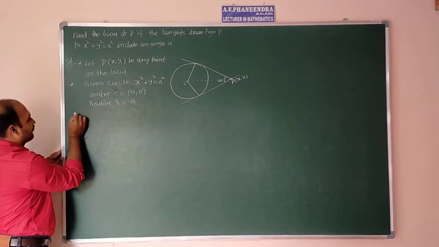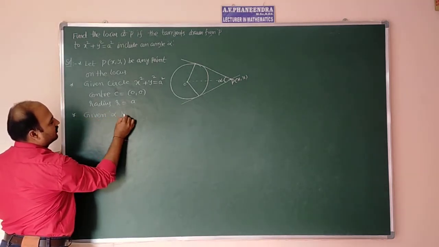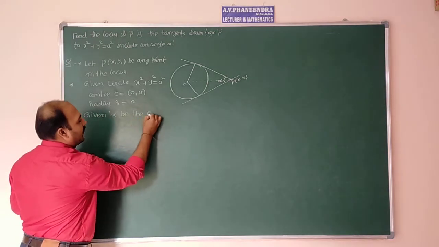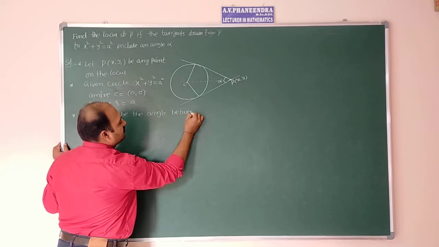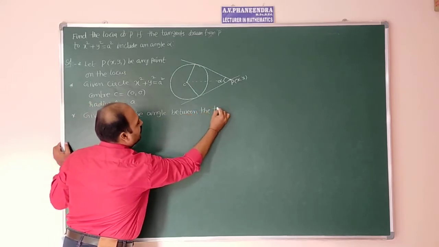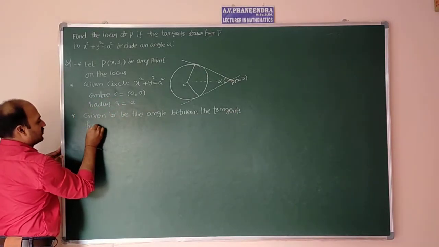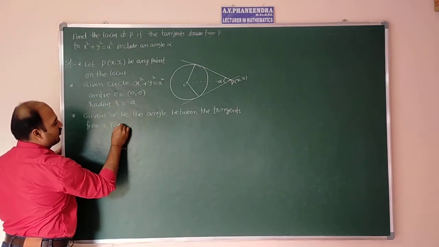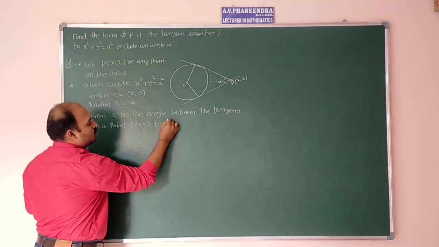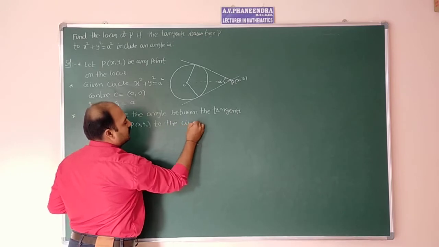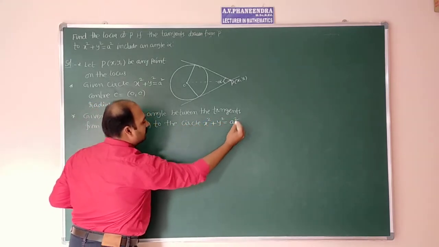After that, given alpha be the angle between the tangents from a point P x1 comma y1 to the circle x square plus y square equal to a square.